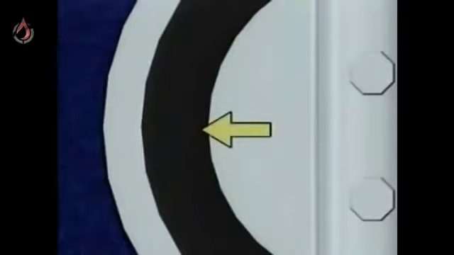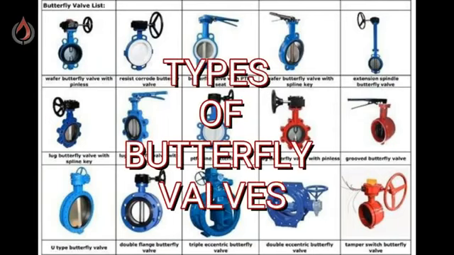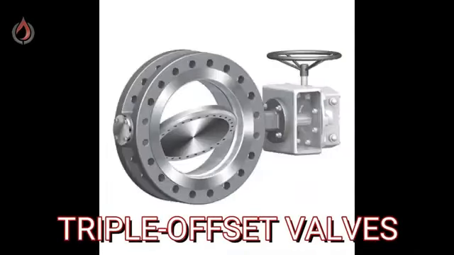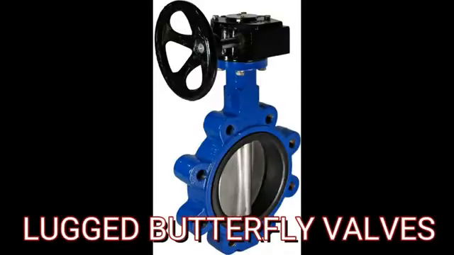However, these valves do not normally create a tight seal and must be used in a low pressure situation or where some leakage is permissible. There are different types of butterfly valves available in the market, like wafer butterfly valve, triple offset valve, and lugged butterfly valve.